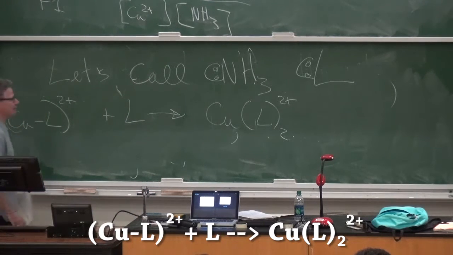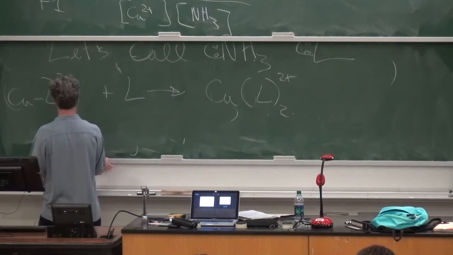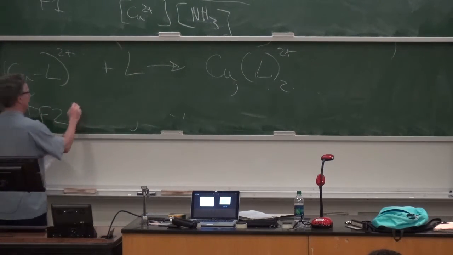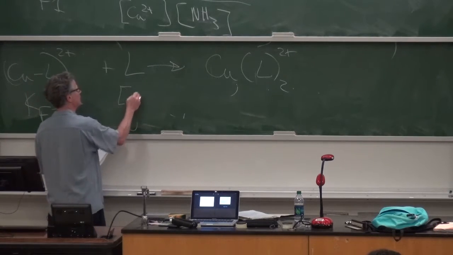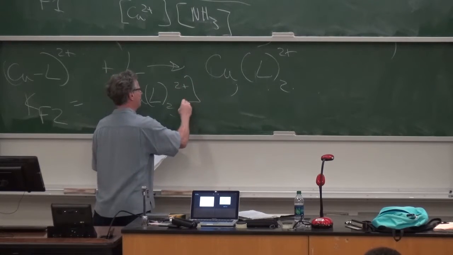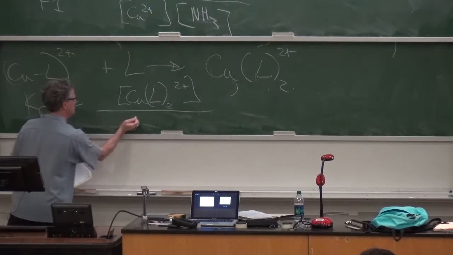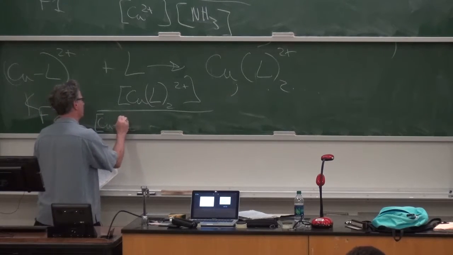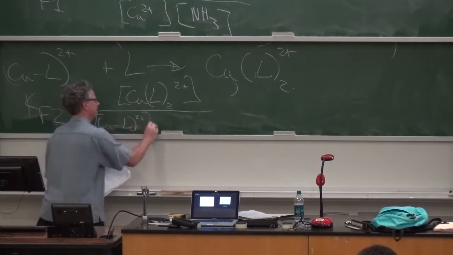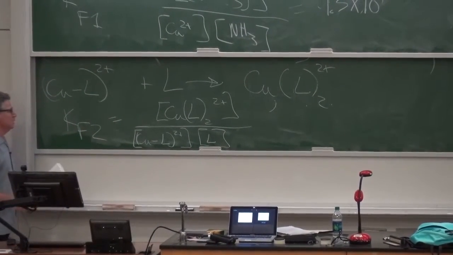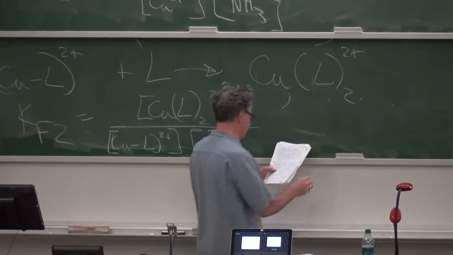Again, we can describe that by a formation constant. We'll call it Kf2. That's going to be the equilibrium concentration of the diamine complex over the equilibrium concentration of the monoamine complex times the equilibrium concentration of the ammonia.